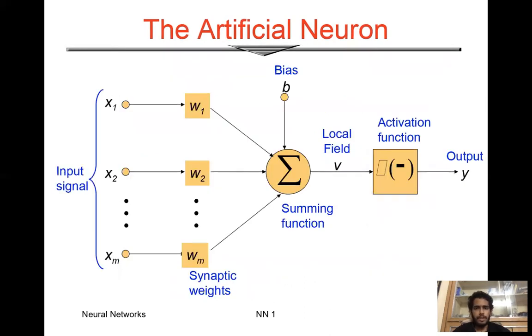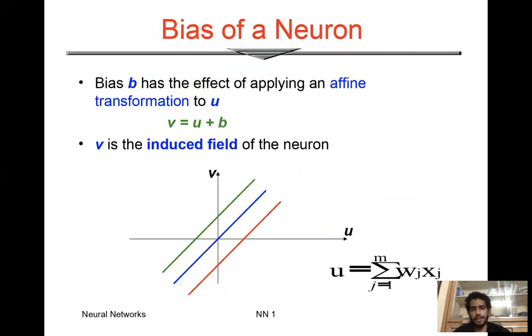The following diagram depicts the artificial neuron. Each input signal has synaptic weights and is passed into a summing function, which yields a local variable that is passed into the activation function, and then the output y is yielded.